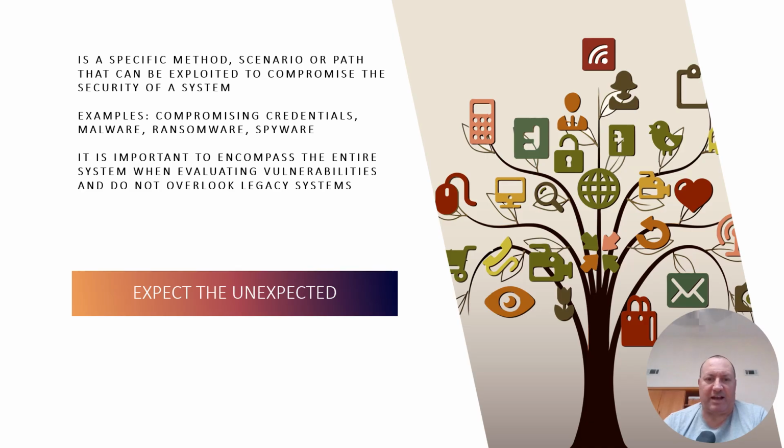So the attack vector, like I said, is a specific method, whether it be looking at a specific piece of hardware, a specific piece of software, or a sign-on, each individual aspect of a system.